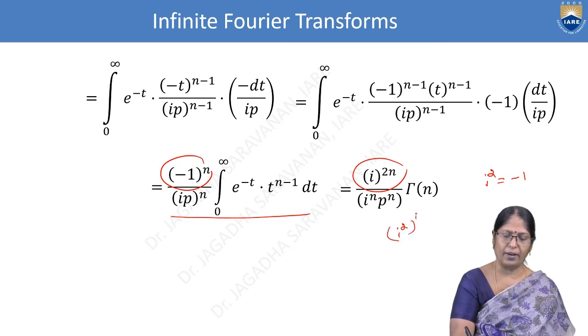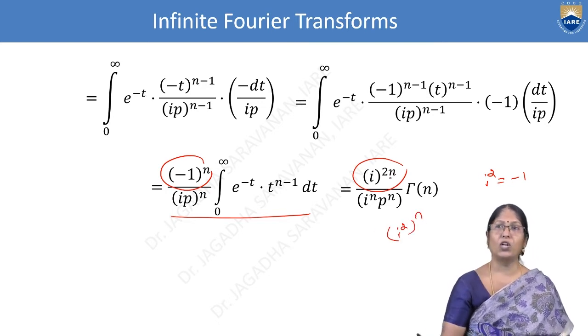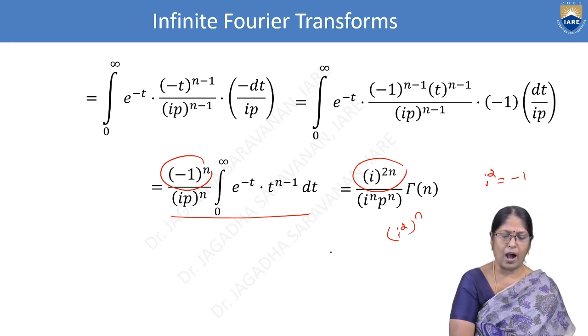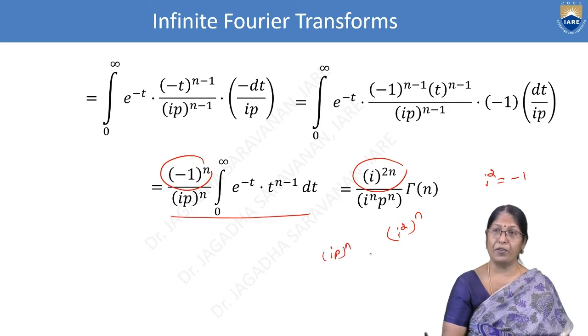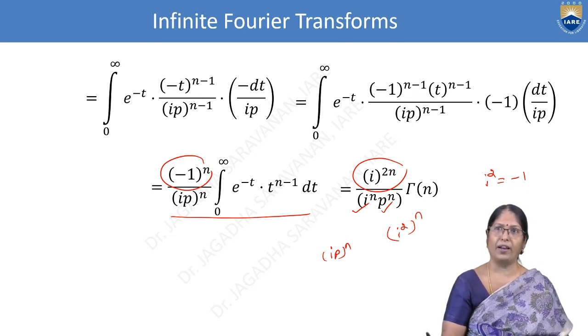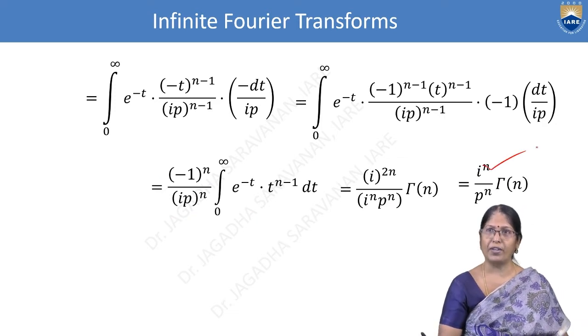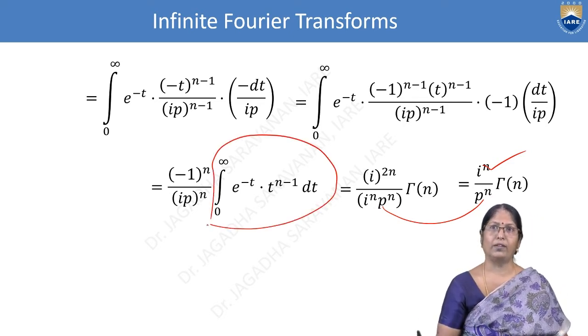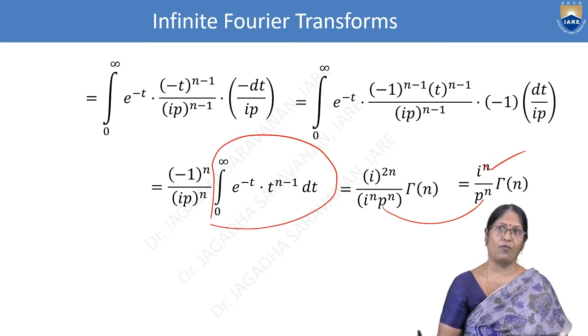The power is n, so i power 2n. Here, ip power n can be written as i power n, p power n. Here, i power 2n divided by i power n becomes i power n. This p power n is as it is. This whole term is nothing but the gamma function. In the starting we only assumed it as minus t.